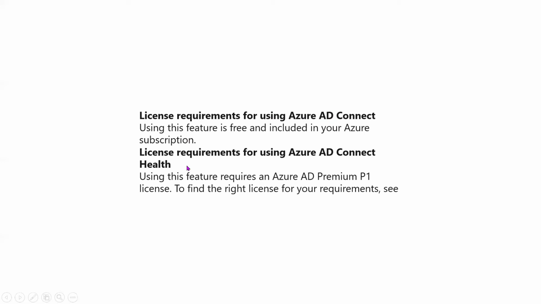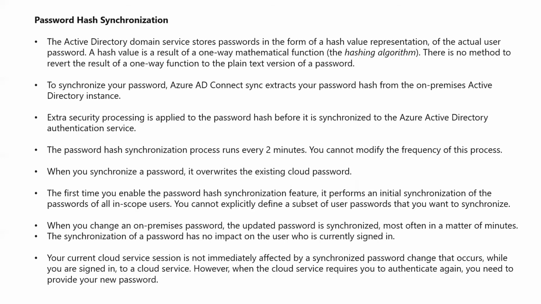But if you are using some features like Azure AD Connect Health, in that case, you should have Azure AD Premium P1. What is the meaning of Azure AD Premium P1, and what is Azure AD Connect Health? We will have a dedicated class on it, so do not worry about it. If you want to keep it in your mind, keep it. Otherwise, leave it right now. You'll be able to digest all of this.